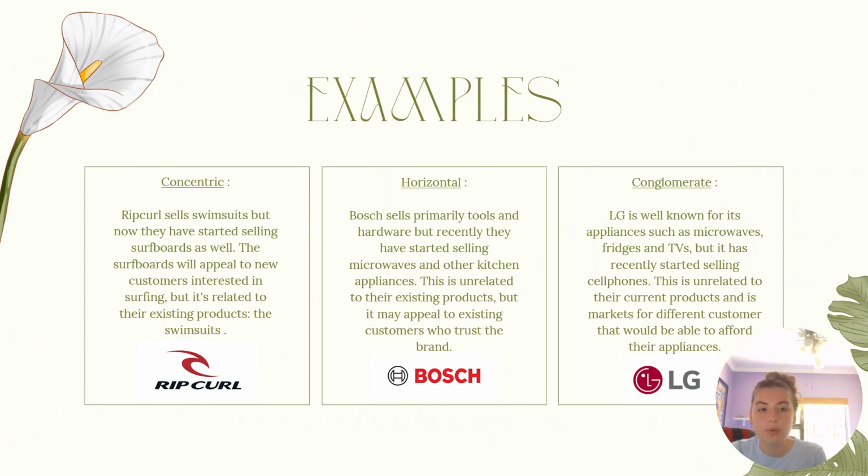Looking at examples, for concentric, we used Rip Curl as an example, because Rip Curl sells swimsuits, but now they've started selling surfboards as well. So the surfboards will appeal to new customers interested in surfing, but it's related to the original products, which are swimsuits. For horizontal, we look at a well-known brand called Bosch, which primarily sells tools and hardware, but they've recently started selling microwaves and other kitchen equipment and appliances.